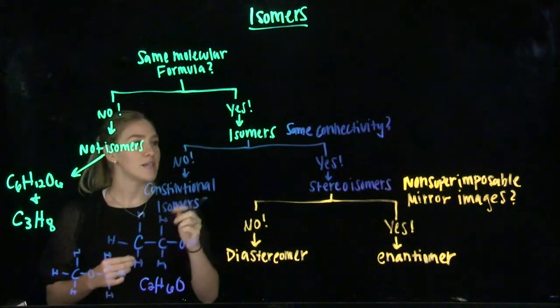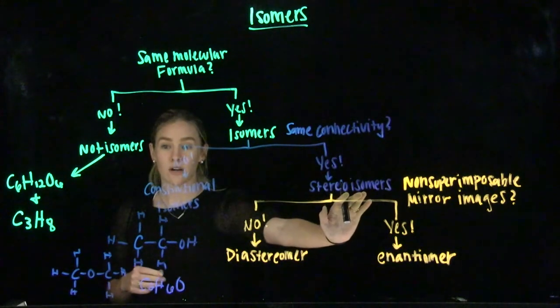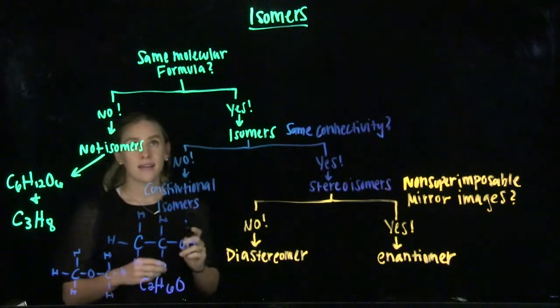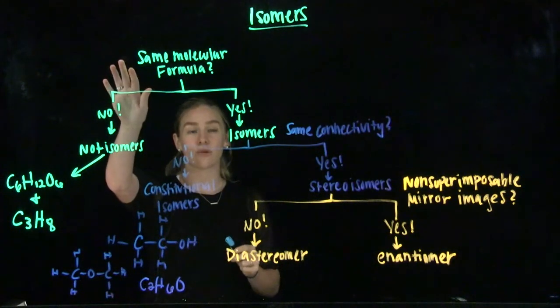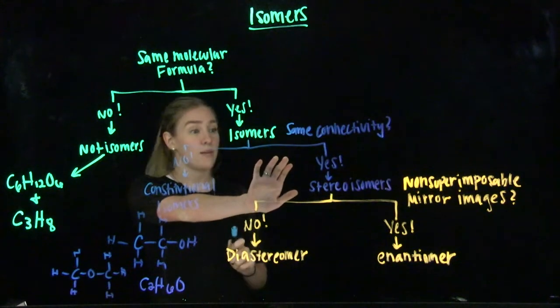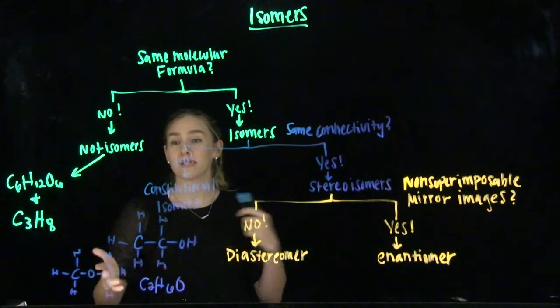But if you know they're isomers and they have the same connectivity, they are probably going to be stereoisomers. So again, from the top, we have two molecules that have the same molecular formula. They are connected in the same way, but they are still somehow different.